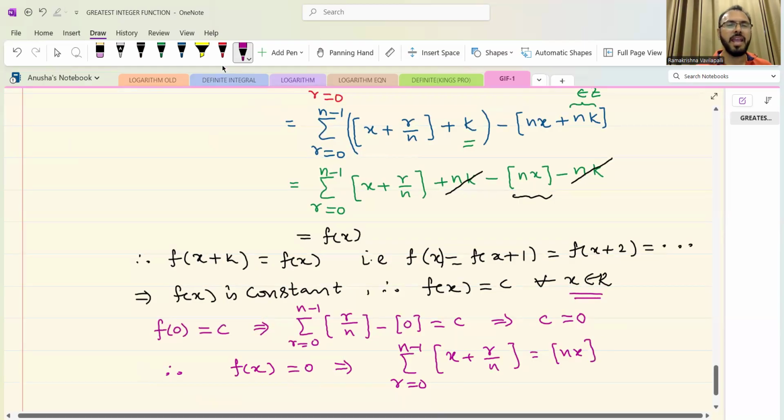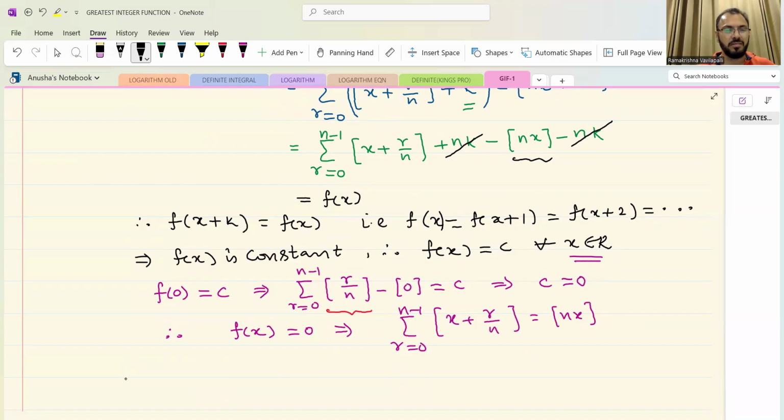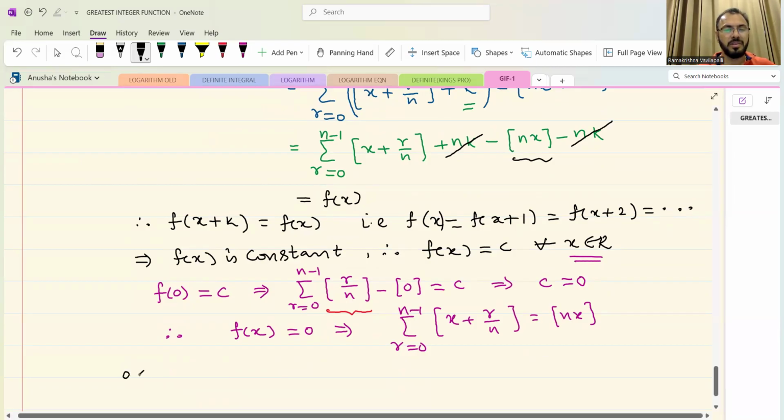But I did not explain how that integral part of r by n is 0. How is integral part of r by n 0? Very simple. Here you see r lies between 0 to n minus 1.